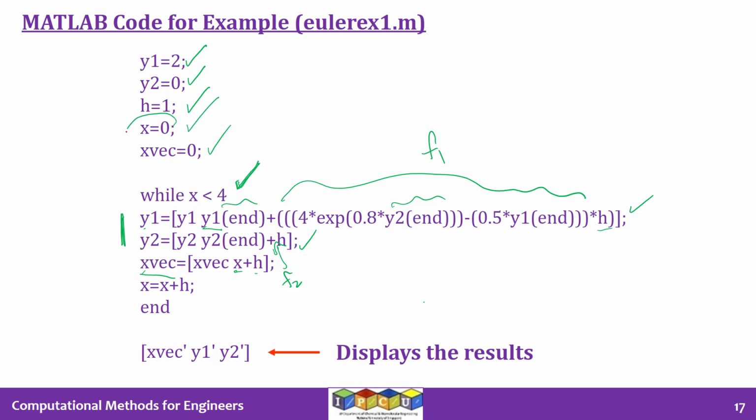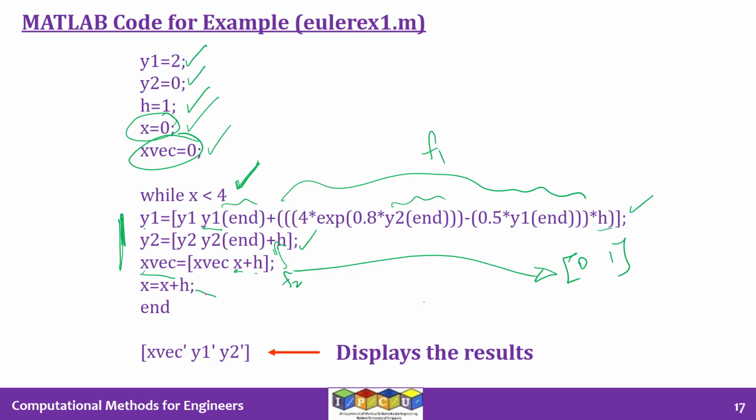When you start off, x is 0, and now 0 plus h, h is 1. So x vec will now become 0, 1. Because when it comes into the loop, x vec is 0, so it has one element, which is 0, the starting value for x. After one execution of this loop, x vec will be 0 followed by 1.